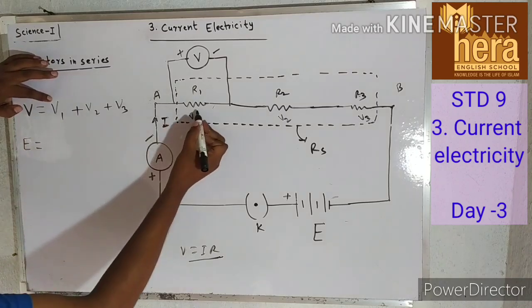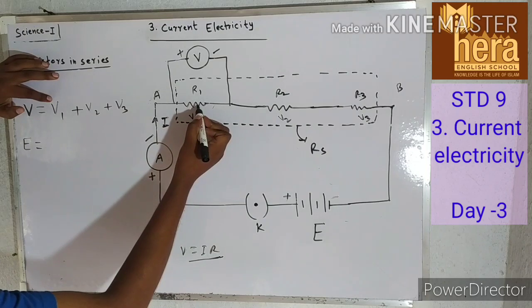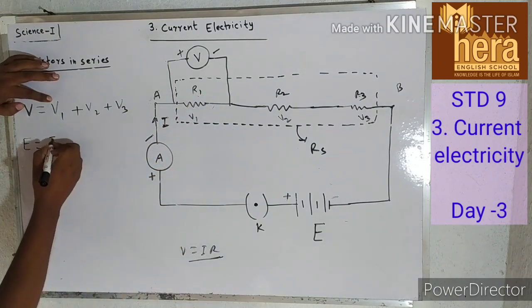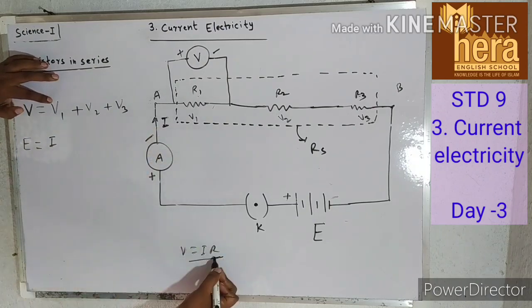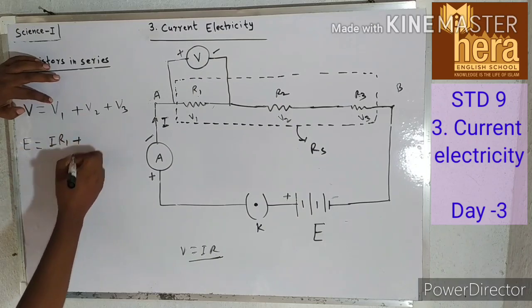So here in R1, how much current is flowing? We can say I is flowing, and R in place of R here is R1. So I R1 plus V2.